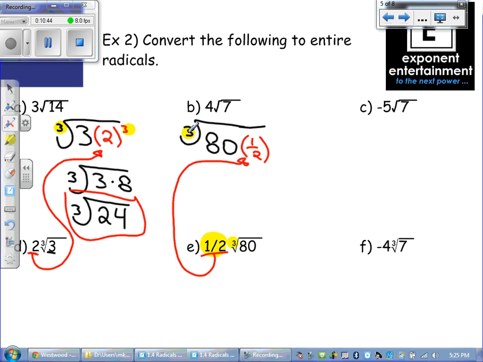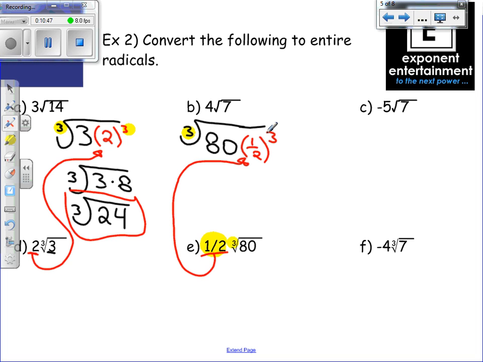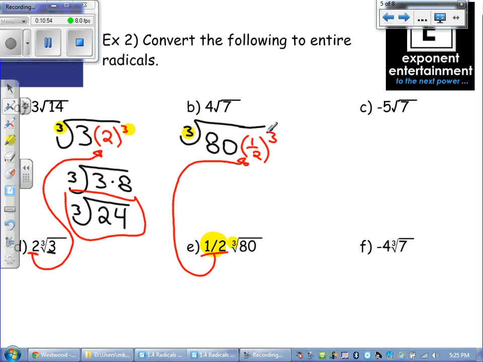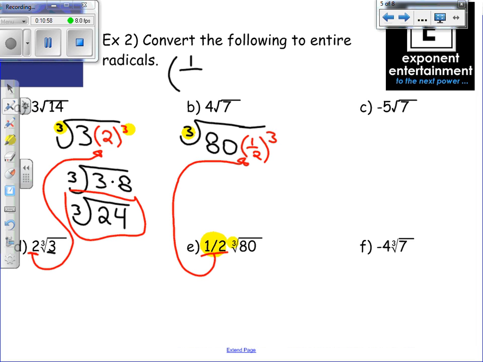Now, 1/2 to the power of 3 probably looks a little scary to most people. So let's write a little trick up here on the top. When we have a fraction that is being raised to a power, so we have 1/2 to the power of 3, that 3 applies to both the numerator and the denominator. It applies to both numbers.